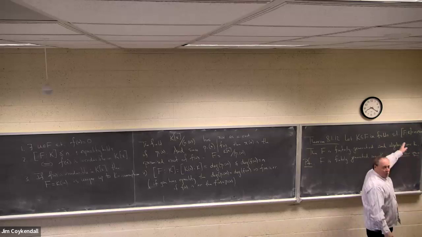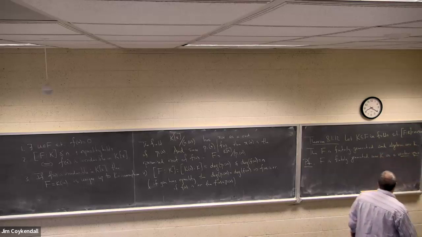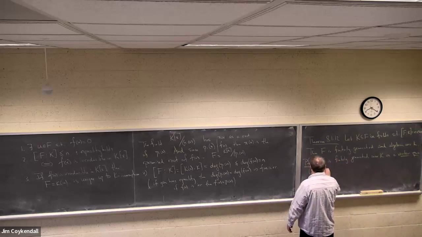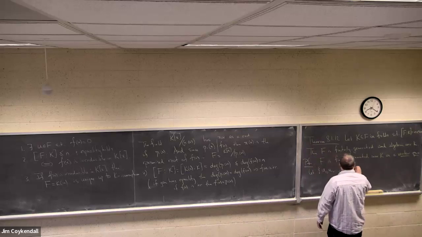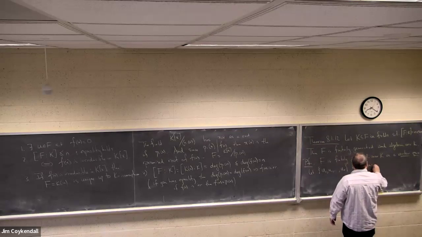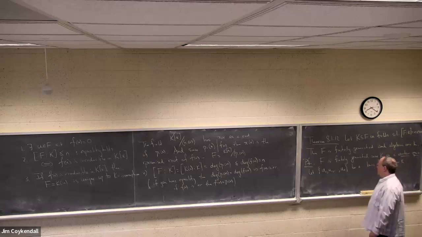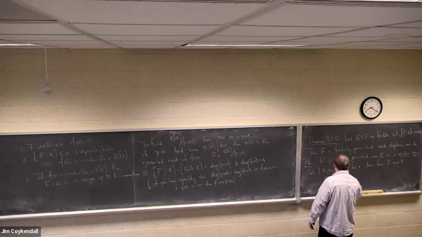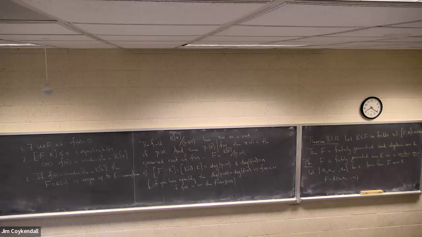In fact, what this notation here means is that F is an n-dimensional vector space over the field K. So let u1, u2, up to un be a basis for F over K, then F is equal to K(u1, u2, ..., un).